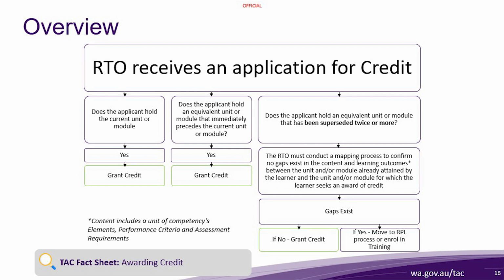But when the applicant holds an equivalent module or unit that has been superseded twice or more, then you must go into a mapping process to confirm no gaps exist in the content or learning outcomes between the unit of competency that is already attained by the learner and the unit of competency or module for which the learner seeks an award of credit.